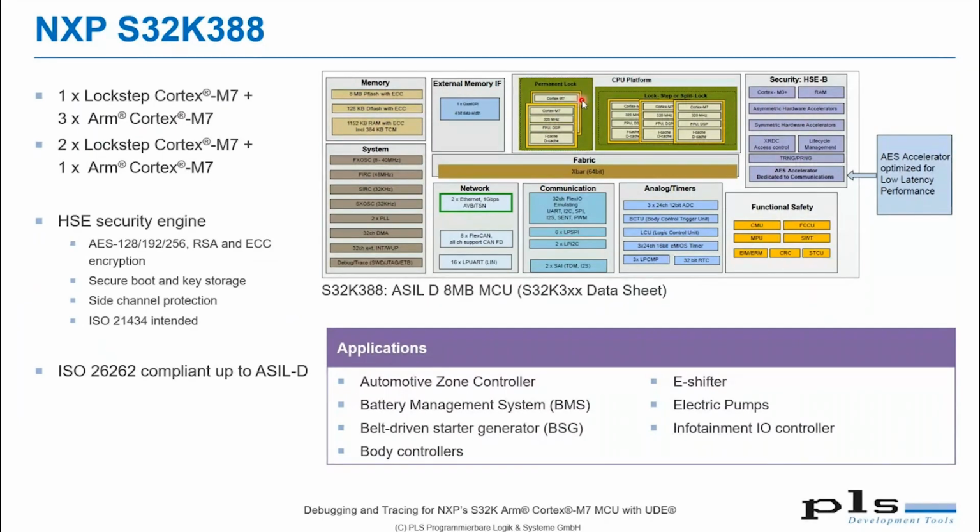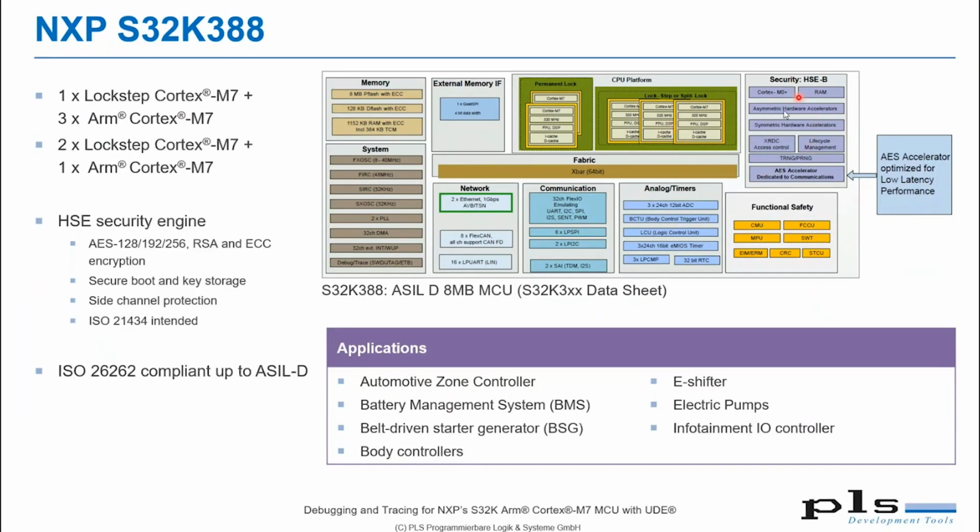In this configuration, we can use 4 application cores, and then we can also configure the device by the application to have 2 lockstep cores plus 1 non-lockstep core. So that means that you have then only 3 application cores available.